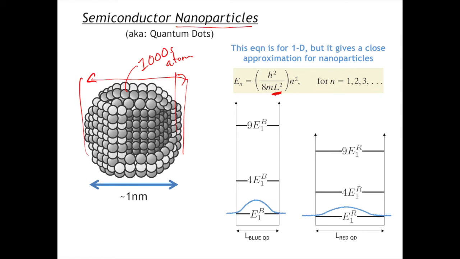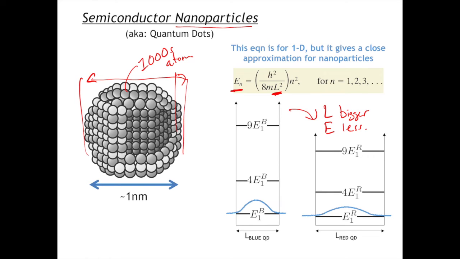You'll be asked this on the homework as well, right? This L, the size of the box, how the energy of the states relate to L, the size of the box, right? So if L is bigger, then we find that our energies go down. Energy is less, right?